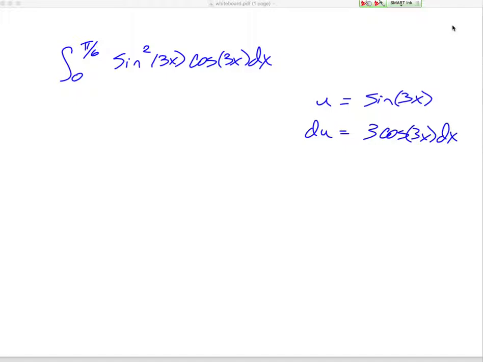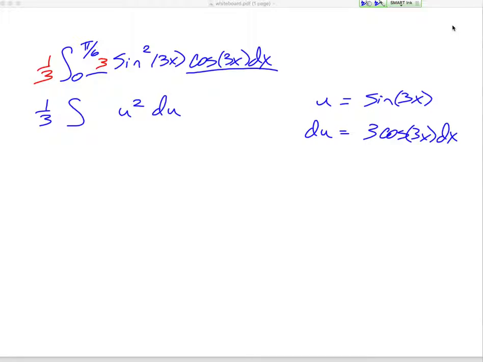Not the 3. So that means I need a 3, which means I have to put a 1/3. So now I can make my substitution. Sine squared is going to be u squared, and then this and that get replaced with du.